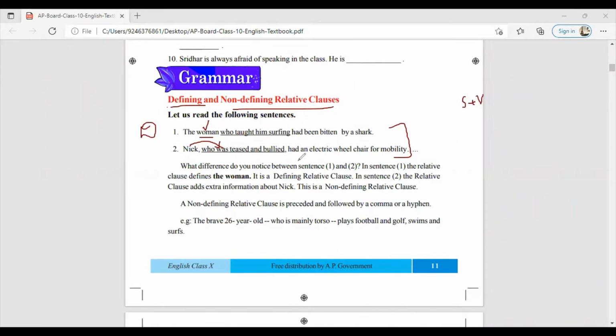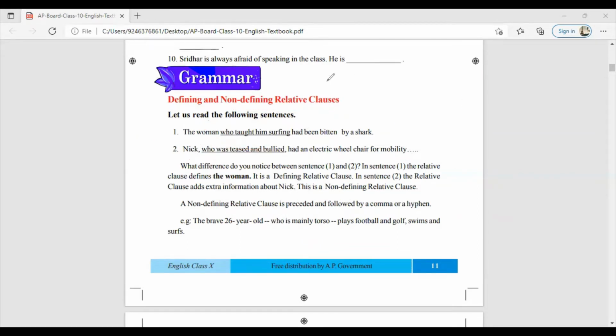Next, in the second one, Nick, who was teased and bullied, had an electric wheelchair for mobility. Non-defining clauses are those where, even if the clause is not there, you will still have some meaning in the sentence. Nick had an electric wheelchair for mobility. That means you are adding some extra information only about Nick.